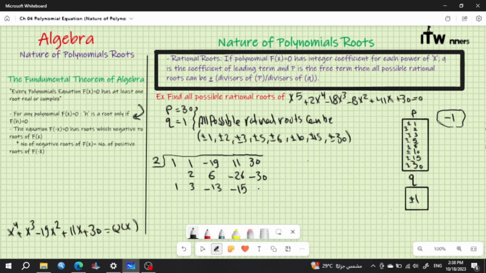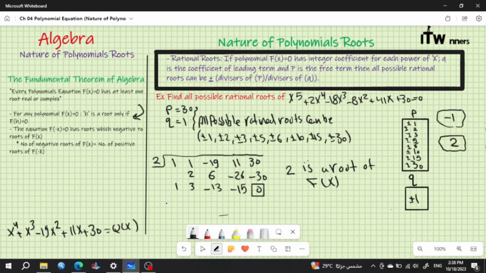So we have here 0, the remainder, then 2 is a root of f of x. Again, so we have here 2 as a new root.